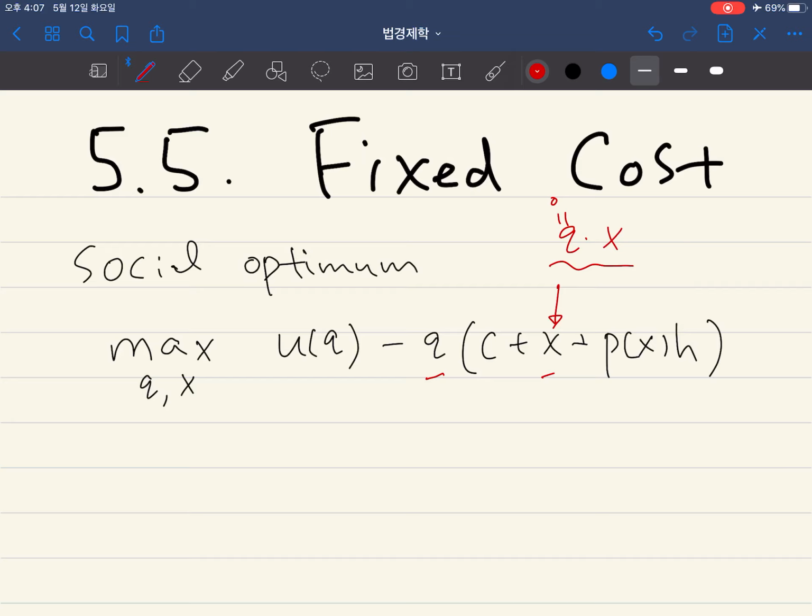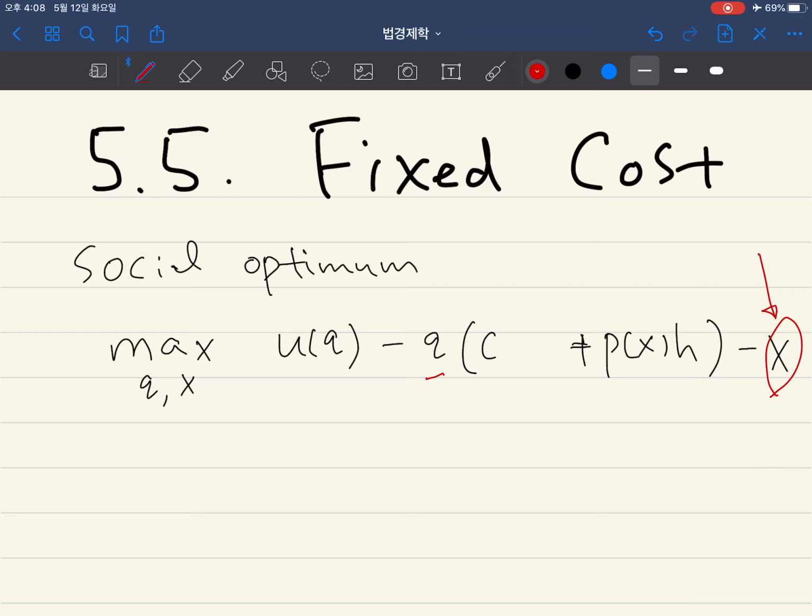So here we assume this formulation. So now care cost is here. So here x now represents total care cost.